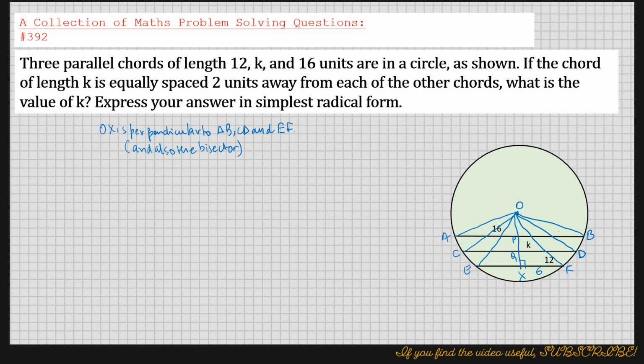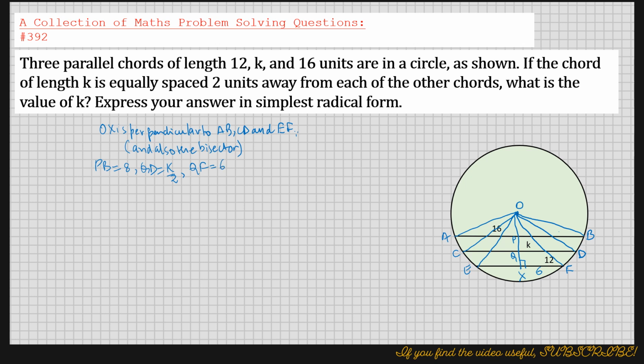So for clarity, we can say PB equals 8, QD equals k out of 2, and QF equals 6.